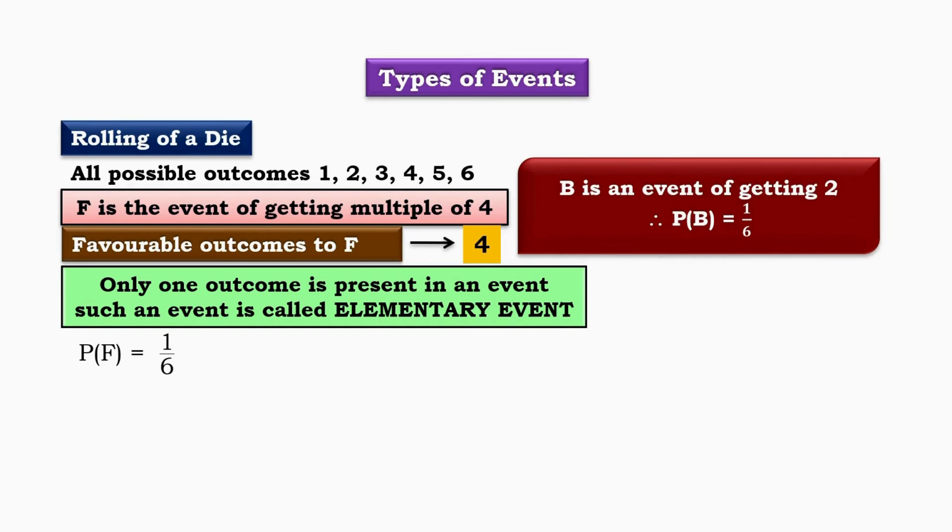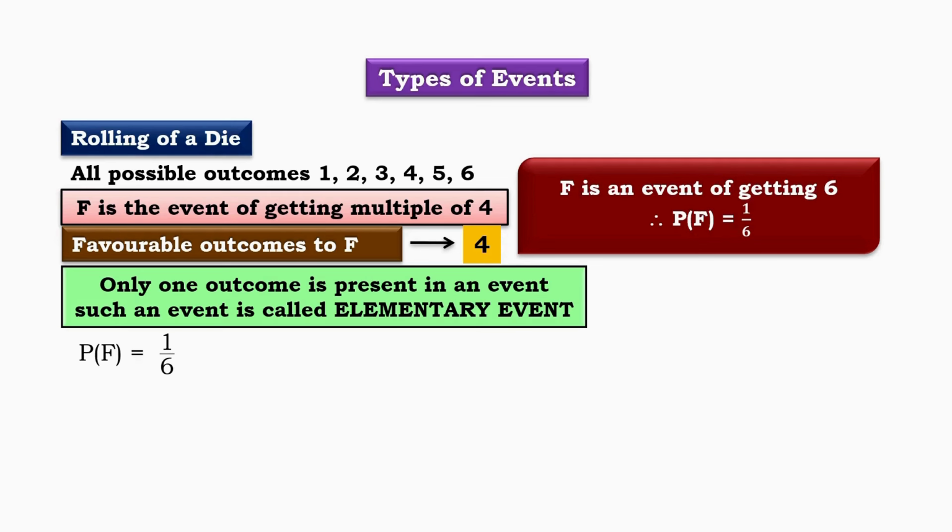Similarly, B is the event of getting 2. 2 is there only one time, so that is also 1 by 6. Similarly, getting 3 is 1 by 6, getting 4 is 1 by 6, getting 5 is 1 by 6, and getting 6 is also 1 by 6.